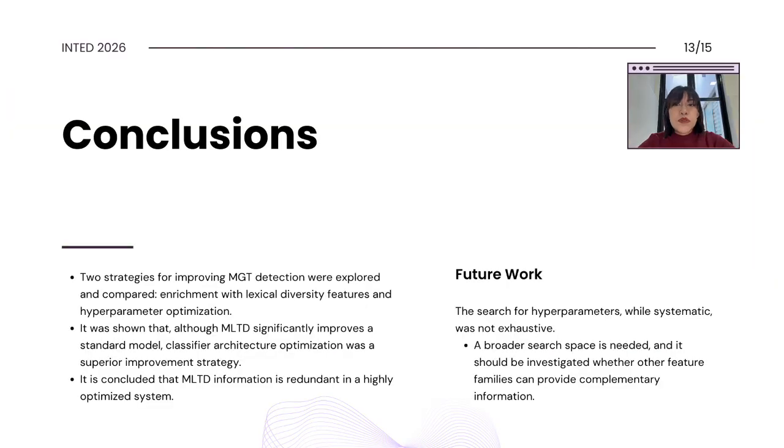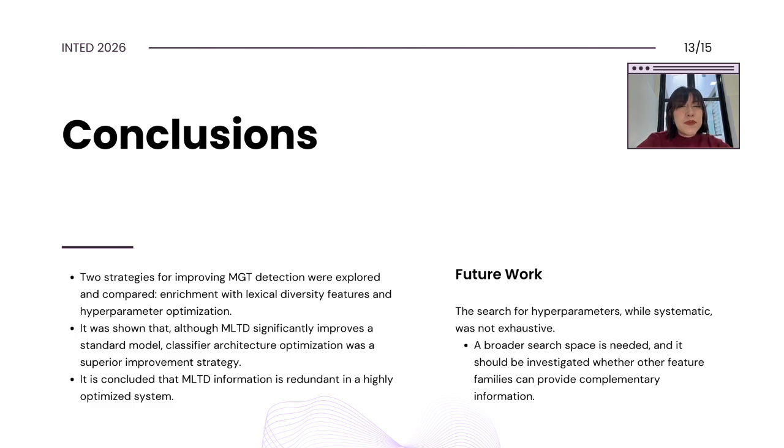We evaluated two strategies for improving machine-generated text detection, and it was shown that while a robust feature like MTLD can significantly improve a standard model, hyperparameter optimization proved to be a superior strategy. More importantly, we found an effect of information redundancy. Once the RoBERTa model is optimized, it implicitly captures the lexical information.